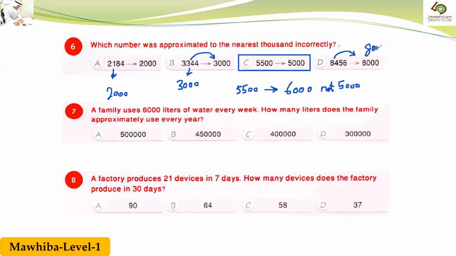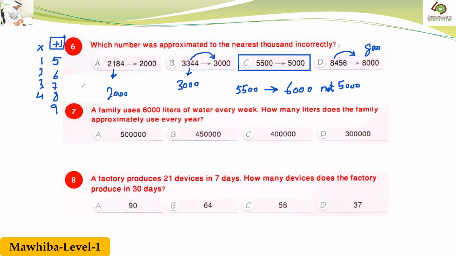It will be 8,000. Why? Because if you delete 1, 2, 3, 4, you don't add any number. And when you delete 5, 6, 7, 8, 9, you add 1. You see? Did you take it in your school? The nearest number.